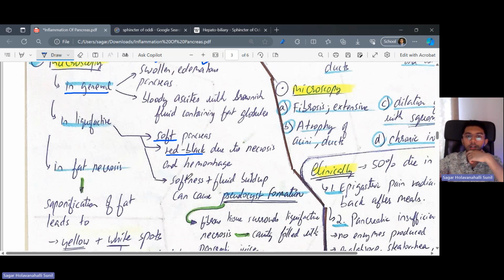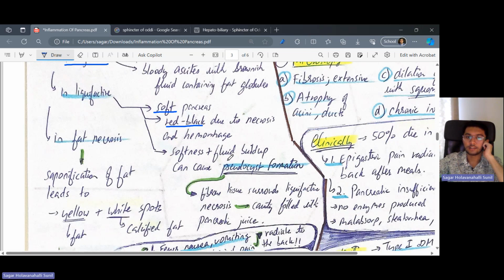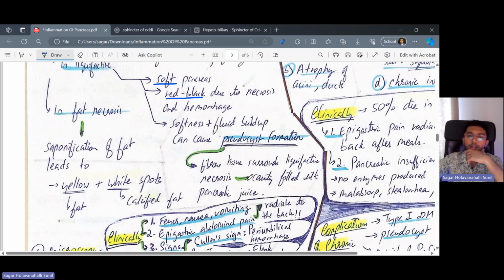At the same time, because there's liquefactive necrosis, the fluid buildup, which basically contains the pancreatic juice along with necrotic tissue and other fluids, will settle in a cavity. This cavity is usually surrounded by fibrous tissue, and if you've got fibrous tissue surrounding the cavity, ultimately it will form a pseudocyst.